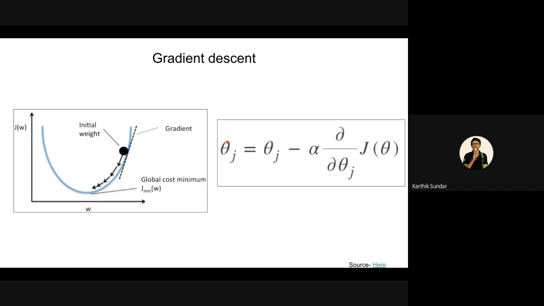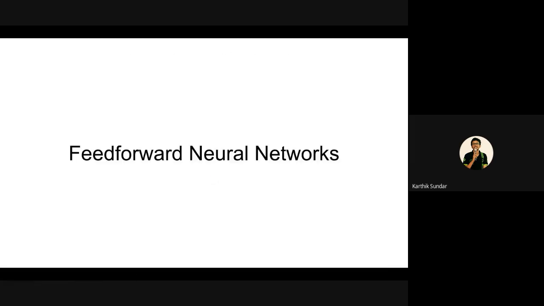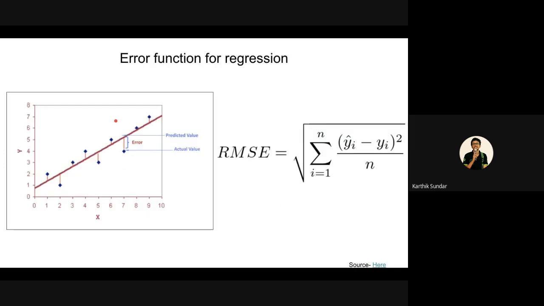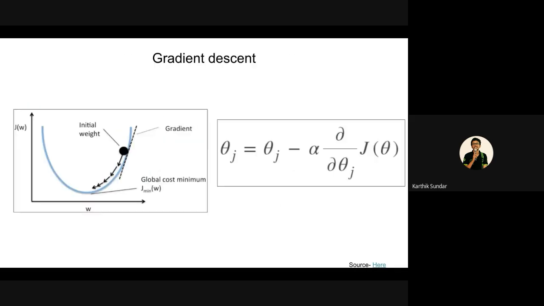At a particular iteration, theta equals theta minus alpha times the gradient of the loss function with respect to the parameters. This method will reduce your error and give you the optimal weights, W1, W2, W3, in such a way that the loss is reduced. That's the intuition behind gradient descent.